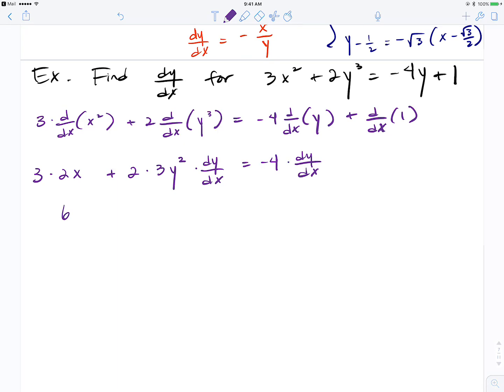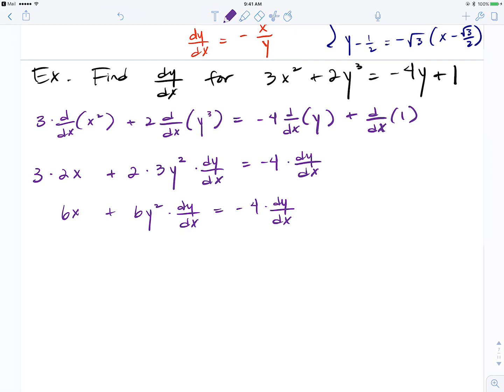So let's clean this up. We'll have 6x plus 6y squared times dy over dx equals negative 4 times dy over dx. So we're trying to find dy over dx. So our next step is going to be to get all of the terms that have dy over dx on one side of the equation and then all the other terms on the other.